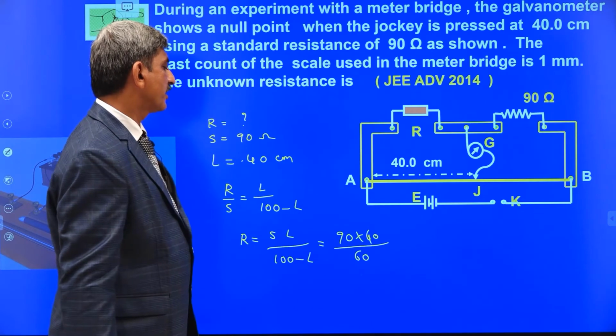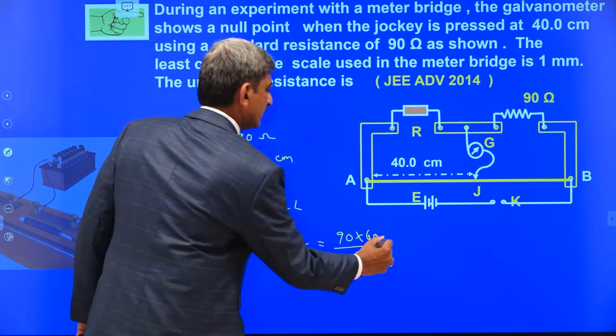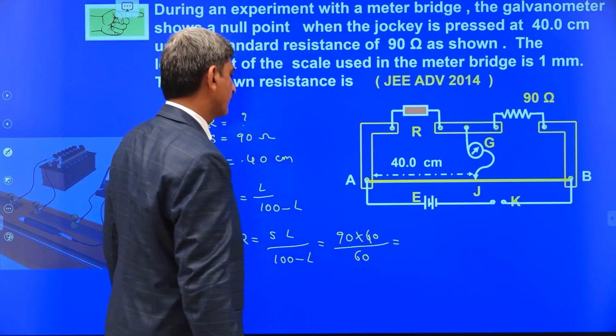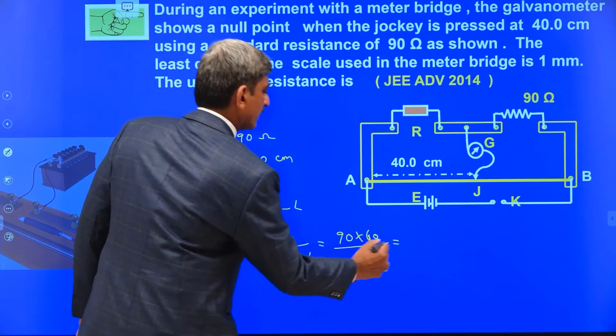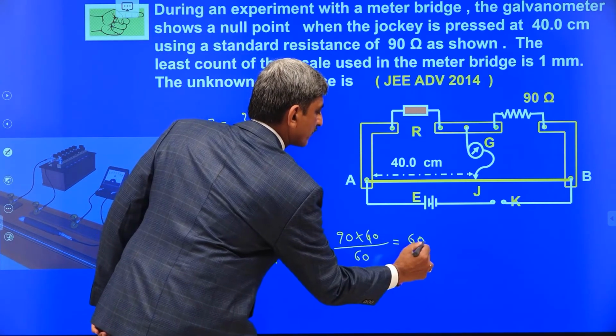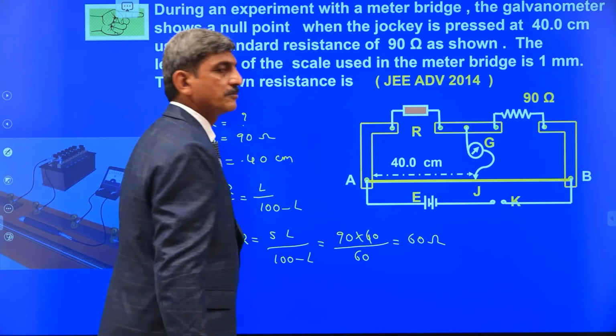This is equal to how much? This is equal to 60 ohms.